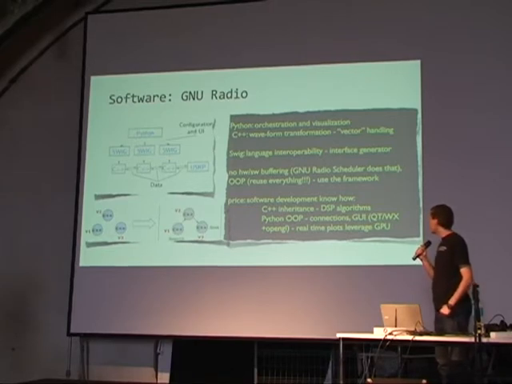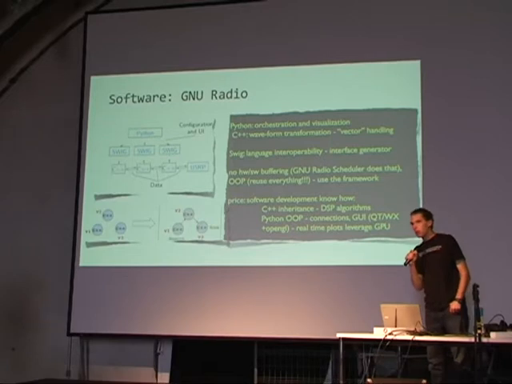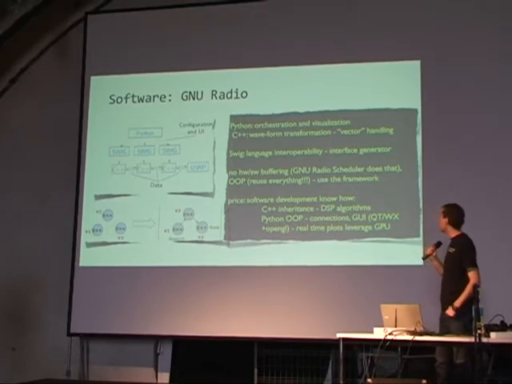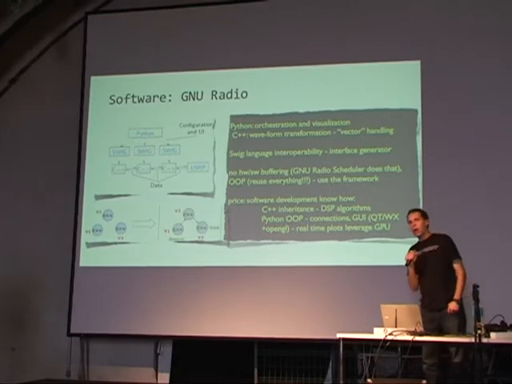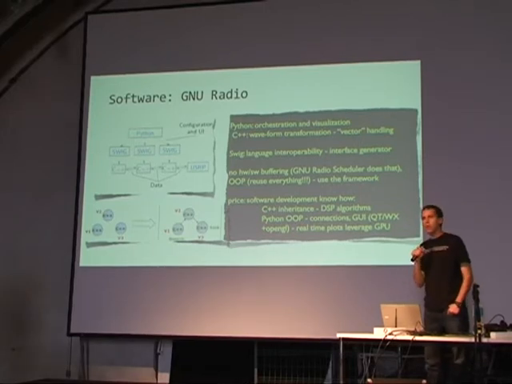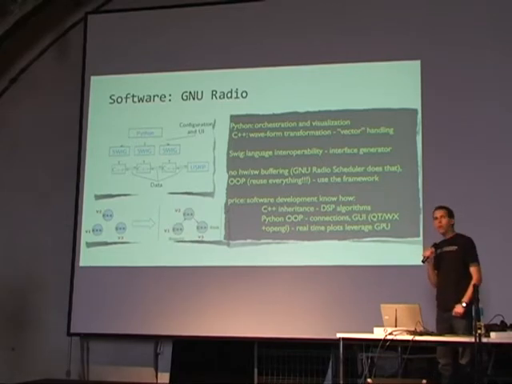SWIG is used as an interface generator for language interoperability, and the GNU Radio scheduler does the buffering. It's using a ring buffer architecture, so you don't necessarily have to do that. And since the framework is large and uses object-oriented programming a lot in C++ and many inheritance structures, practically you can use the framework and you can save very much effort.